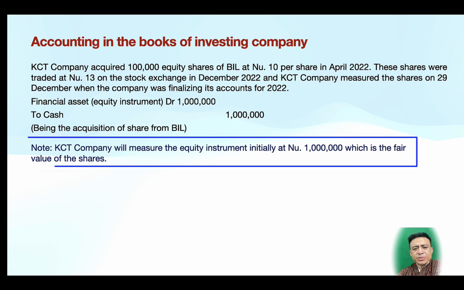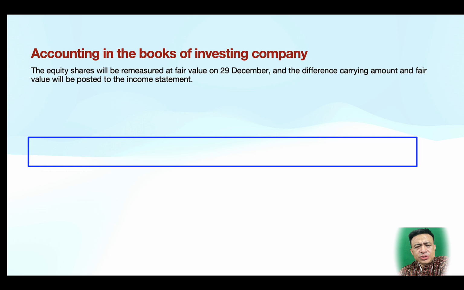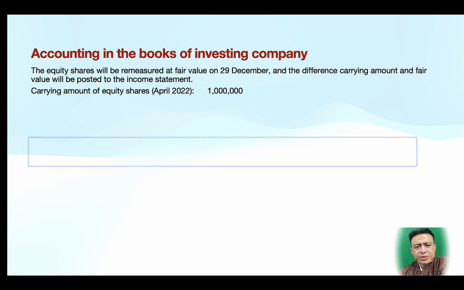Note, the KCT company will measure the equity instrument initially at 1 million, which is the fair value of the shares at the time. However, in the month of December, the company share is being traded at 13 per share, and the difference in the carrying amount needs to be taken to the income statement.